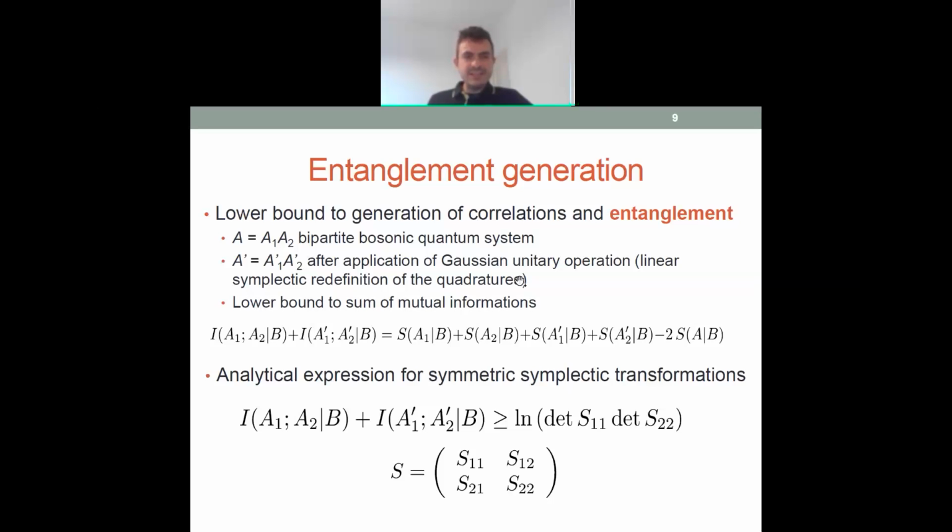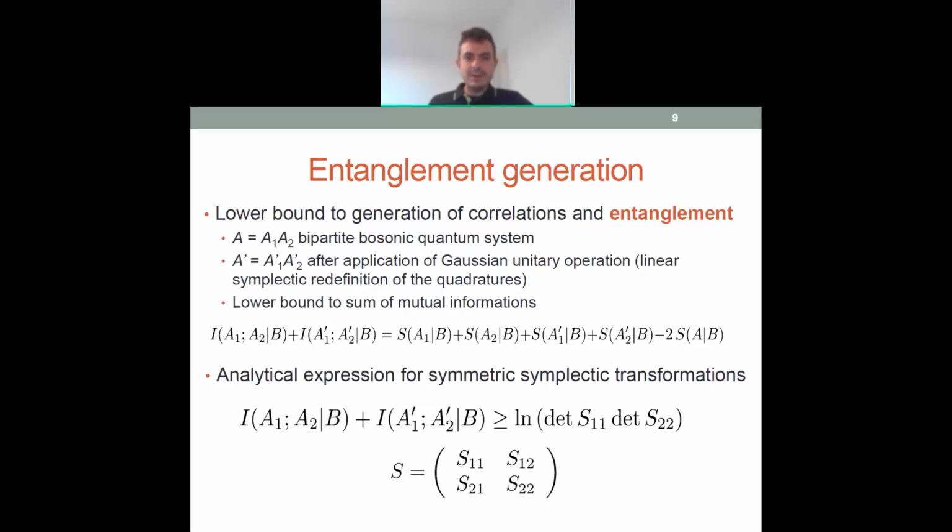And then if we write the sum of the mutual information between the two subsystems before and after the application of the unitary, we can check that this is a quantity of the same form that appeared in the inequality we have just proved.